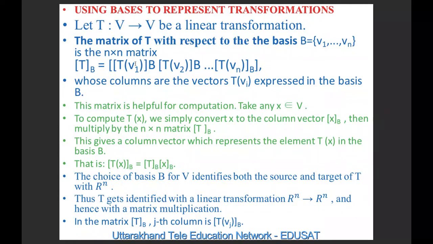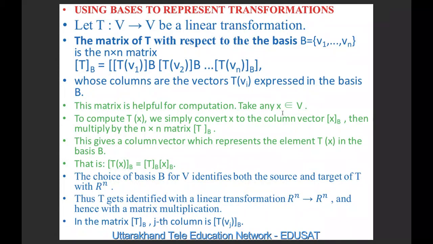These are the values of Tv1, Tv2, ..., Tvn with respect to the basis B, whose columns are the vectors Tvi expressed in the basis B. This matrix is helpful for computation.